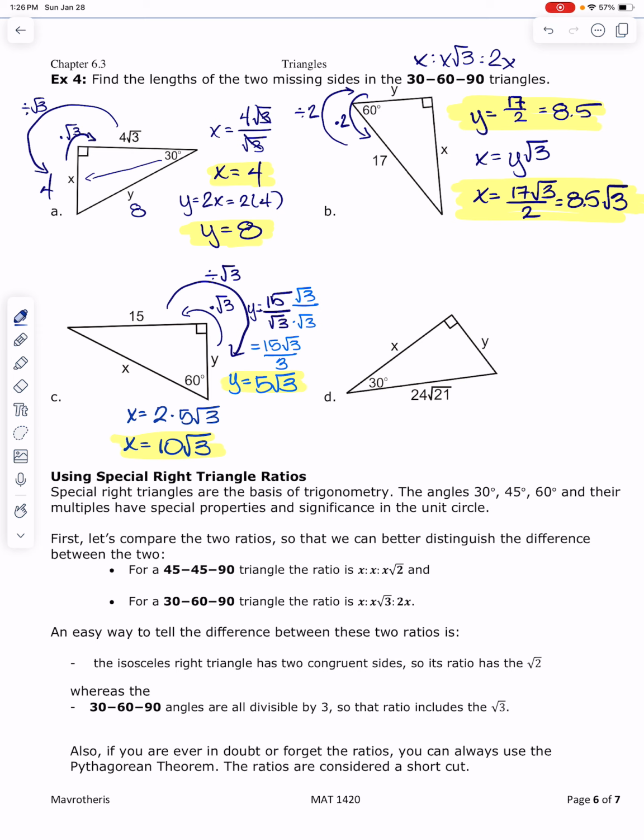Last one. I have the hypotenuse. So I am going to divide by 2 to get that short leg. So I have 24 square roots of 21 divided by 2. My short leg is 12 times the square root of 21. To go from that short leg to the long leg, we have to multiply by square root of 3.